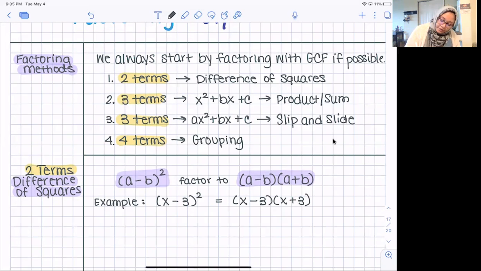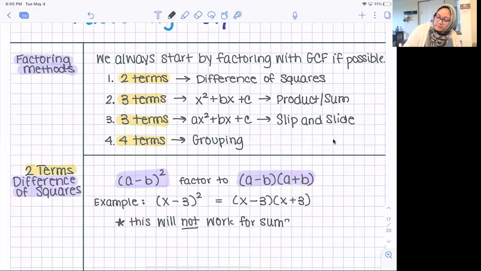And I'm going to make a note for myself that this will not work for sums like what we were talking about before. If I see a plus, if I see a sum, this is not going to work.